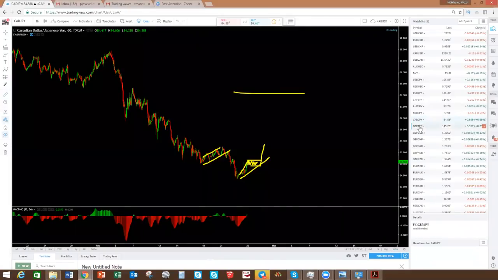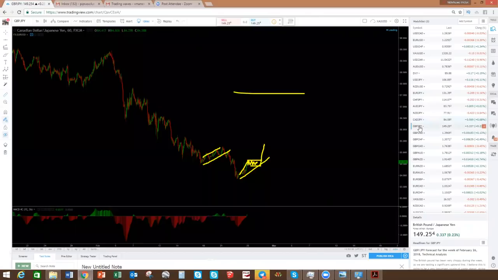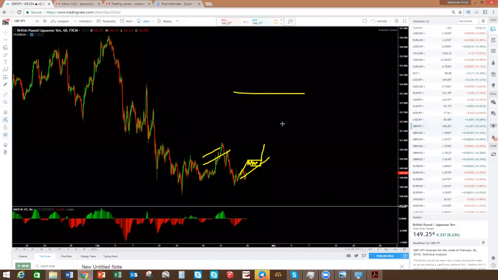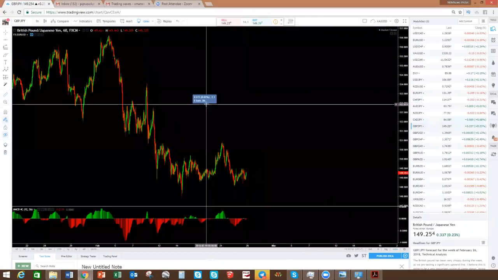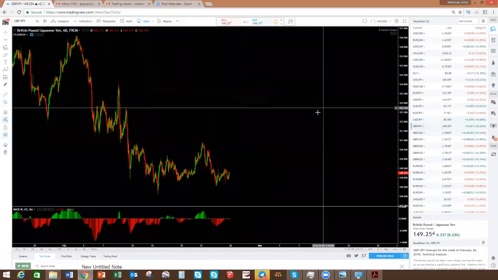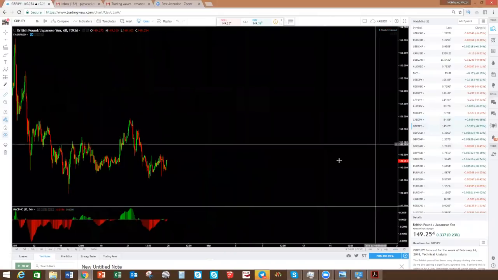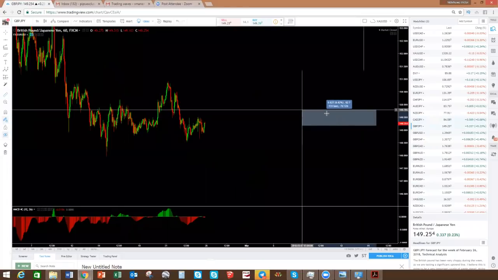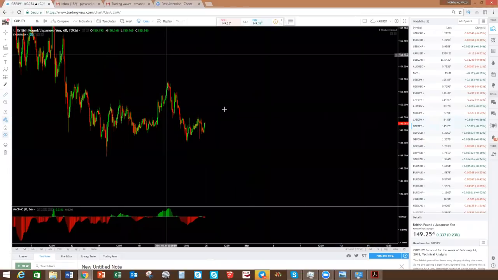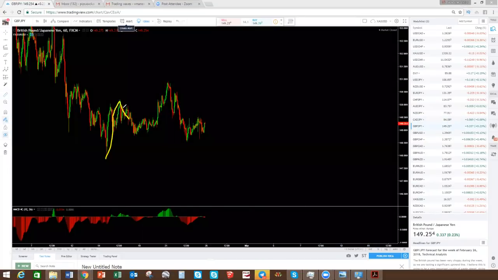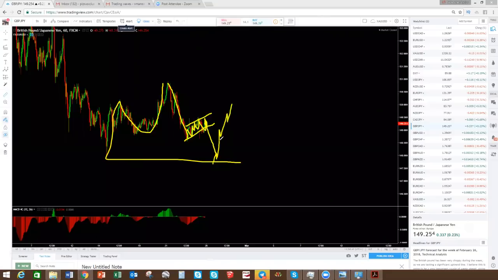All right, so let's do the pound pairs, but we start the pound pairs with pound JPY. Then that will conclude the yen pairs. Pound JPY has a very interesting structure. Similar to the rest of the yen pairs, we've got a 1, 2, 3-wave pullback before the move down. But this move down has a correction here, which is telling us that it may drop lower first to take this level before it starts going up.